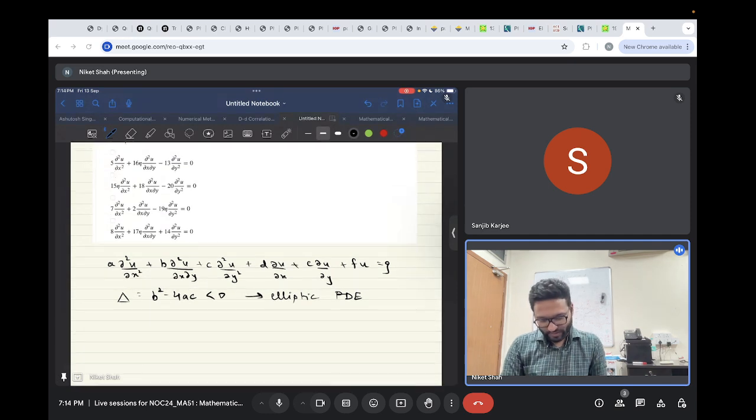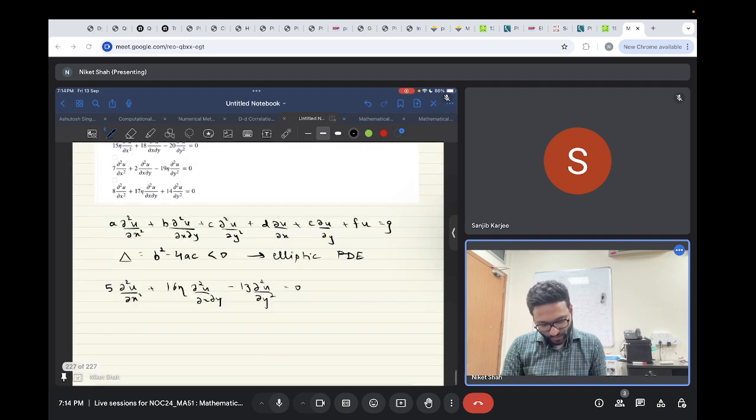The first example is 5 del square u by del x square plus 16 eta del square u by del x del y minus 13 del square u by del y square is equal to 0.